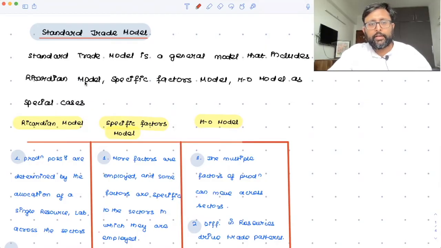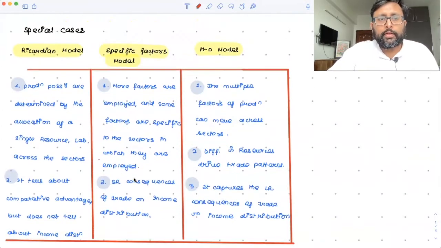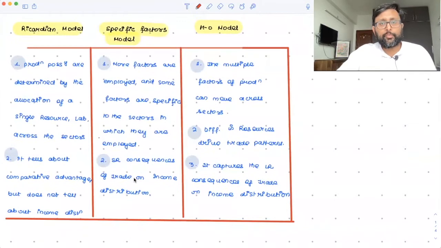Well, if you look at the Ricardian model, there was only one factor of production, labor. And it has answered a few things. It has answered an essential question of comparative advantage, but it didn't tell much about the income distribution. In the specific factors model, there were more factors of production. You remember that?